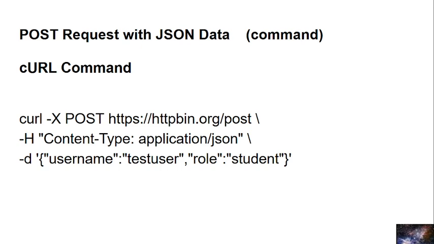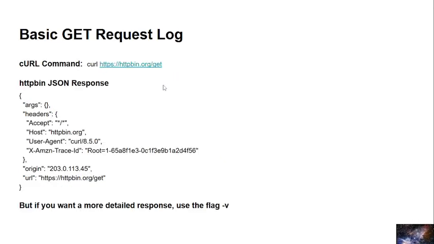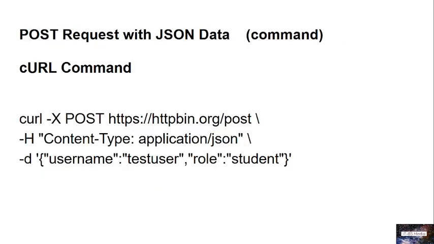And you can see the previous one we have just discussed. Let me go back to it. You can see that is GET. We use the GET method. But here now, you're going to see curl.